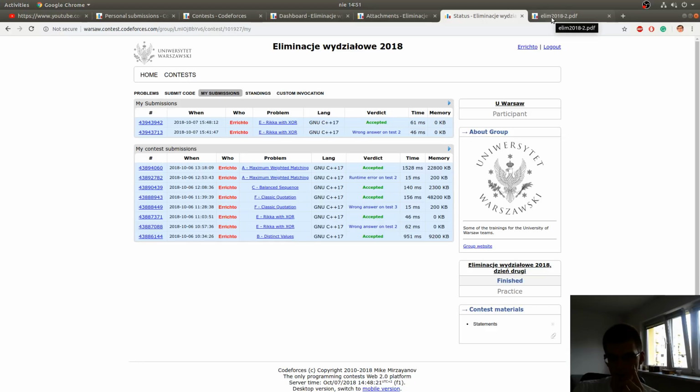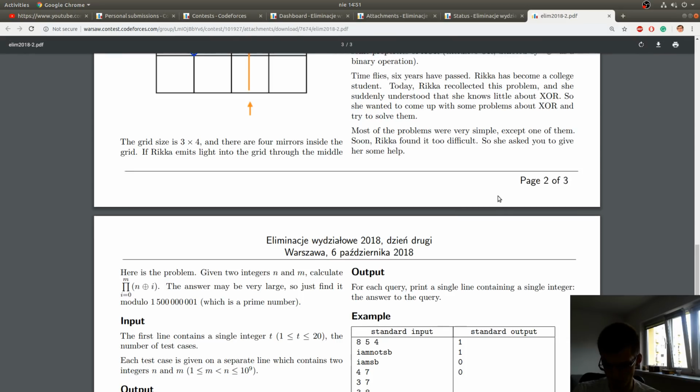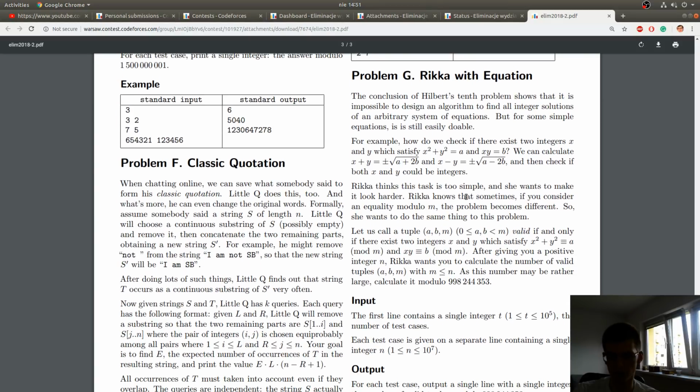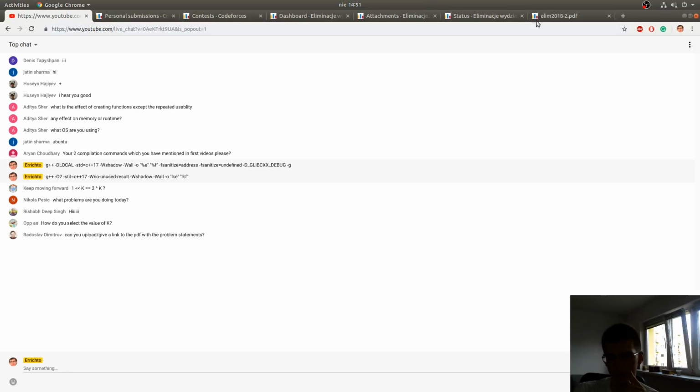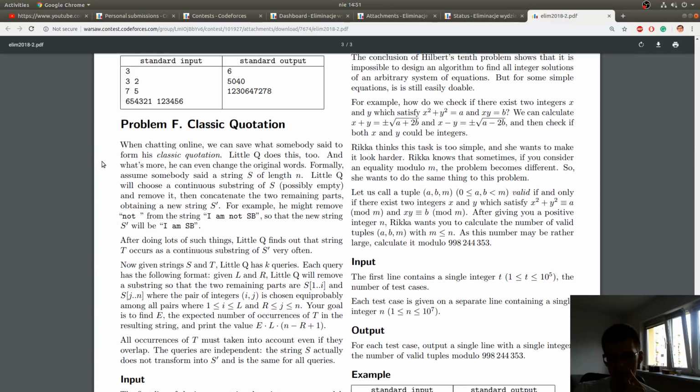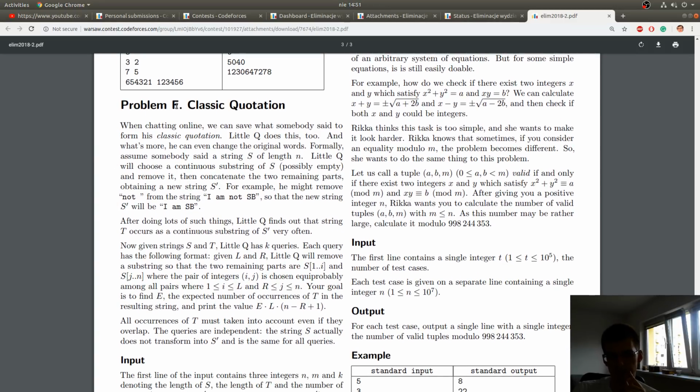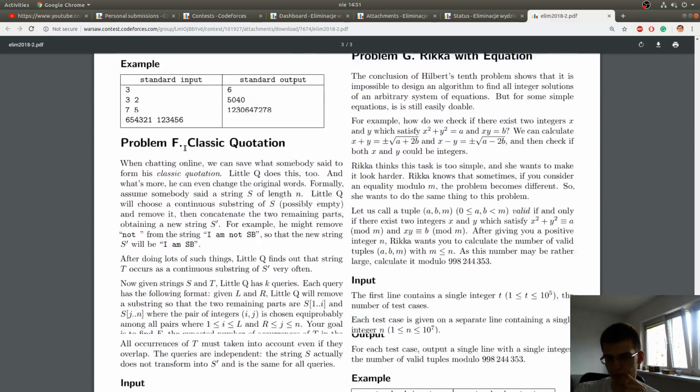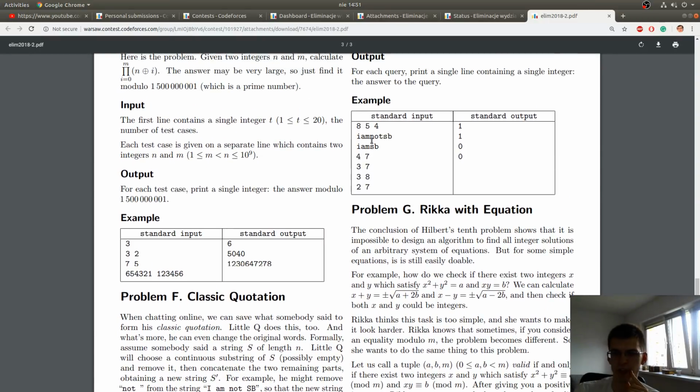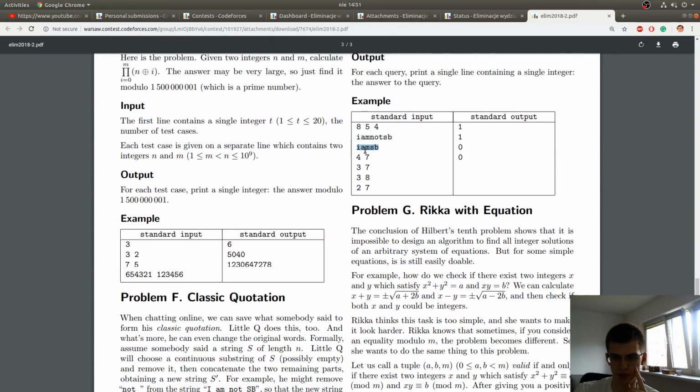Okay, so regarding other problems, I think f is also valuable, but I will not implement that problem right now. The statement of f was a bit more complicated, but was something like this. We are given two strings in the input.